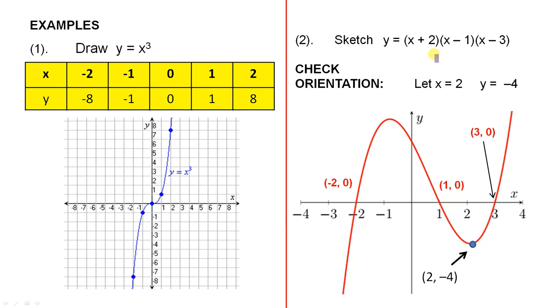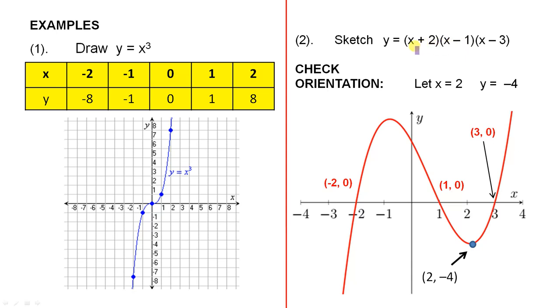Also, for example 2, we're asked to sketch this curve here. Now this is presented in a very simple way because we can see straight away that the cubic equation has been factorized for us. So straight away we can see where the curve cuts the x-axis.